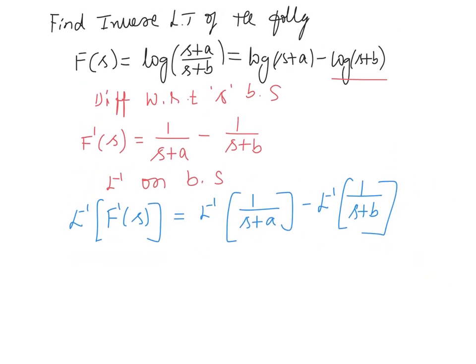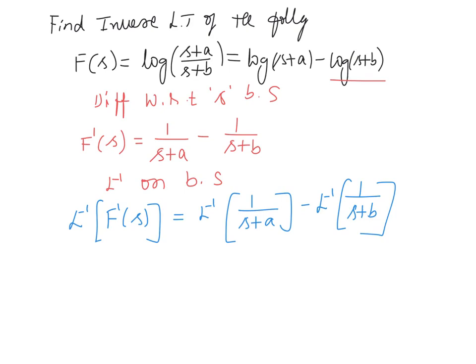According to the formula we have discussed, it is minus t f(t). You have to remember that, don't forget the minus there. The right side is in standard format, 1/(s-a); since it is plus, we write it as e^(-at) minus e^(-bt).